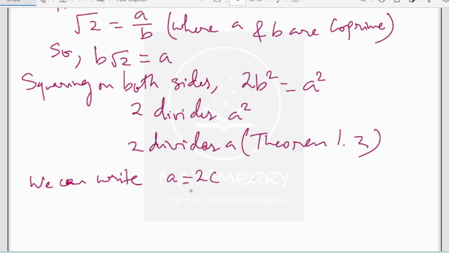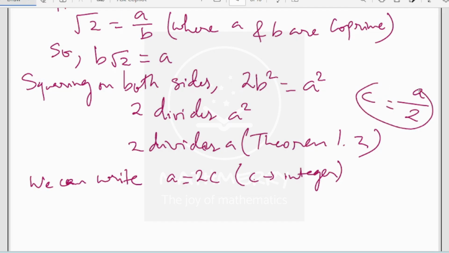If 2 divides A, we can say something multiplied with 2 gives A. C is an integer, any integer. When we multiply 2 with C, we will get A. Why? Because 2 divides A, so A divided by 2 gives C. That's the concept. So we can write it as A equal to 2C.